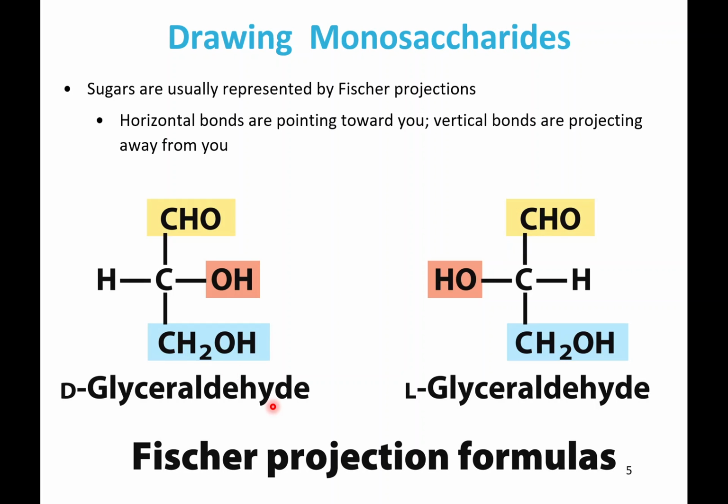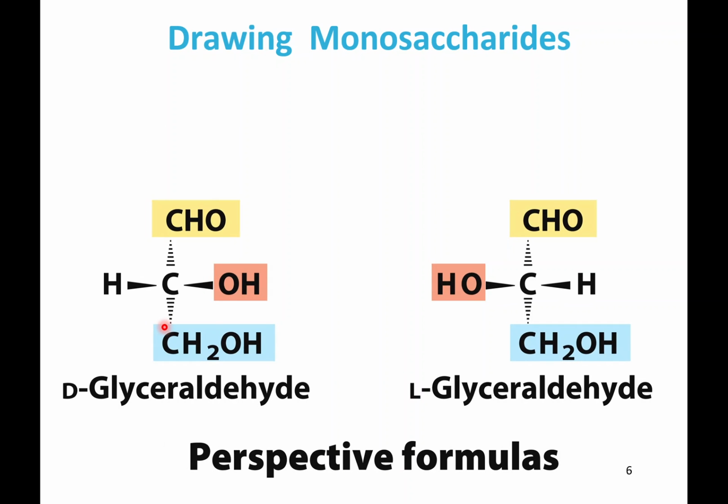So in this class, the R and S designations we won't use. We're going to be using the D and the L. And again, it's a little bit different, because the D and the L are all going to be based on the direction of the OH group in the Fischer projection of glyceraldehyde. And I'll explain a little bit more about that.